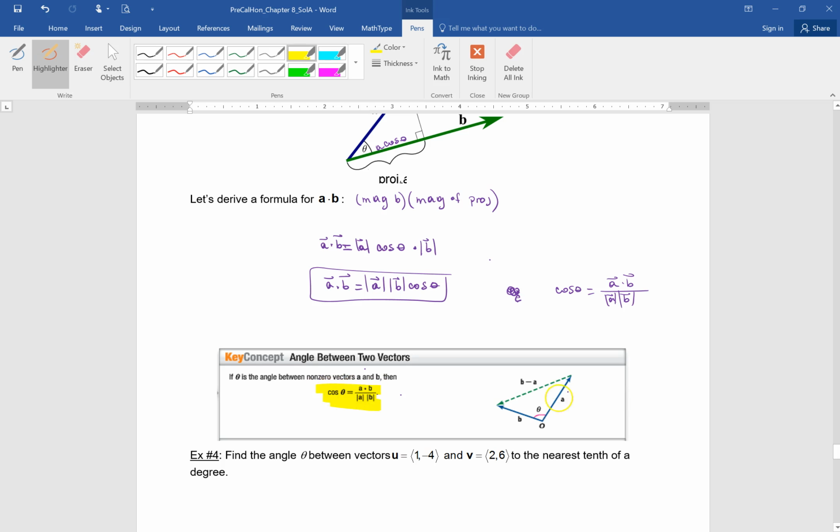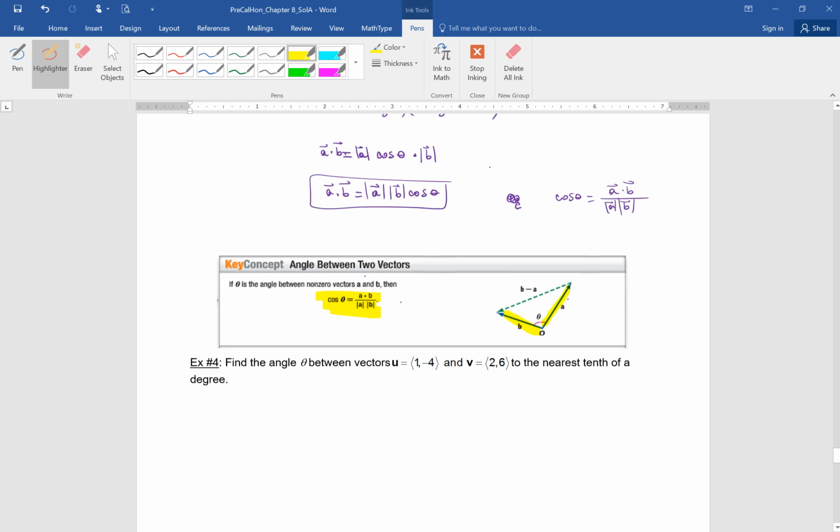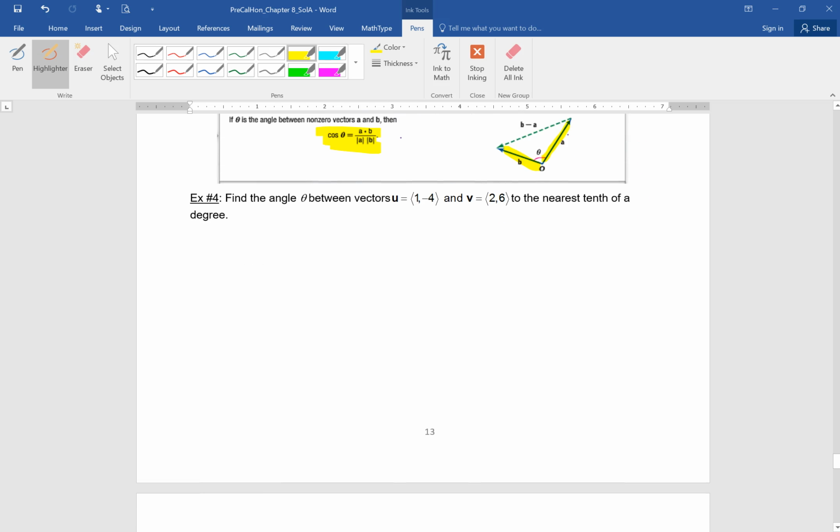So if you have vector A and vector B, and you want to find the angle in the middle, then it's just A dot B over their magnitudes. All right? Say yes. Yes. All right, okay.